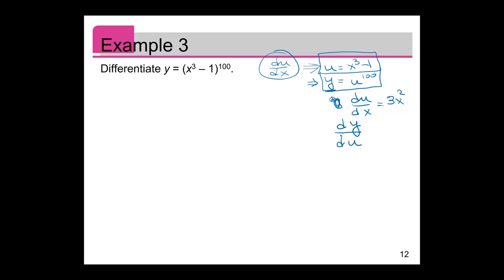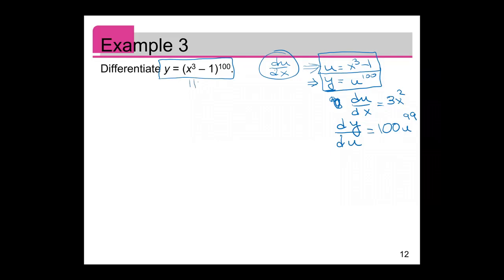This is important because we're going to get to something called related rates, and you really have to know what this notation means. So don't think that you cannot learn this notation. You really do need this notation. Okay, so dy du equals what? 100 u to the 99th. Perfect. So now what am I trying to find here as far as this notation?